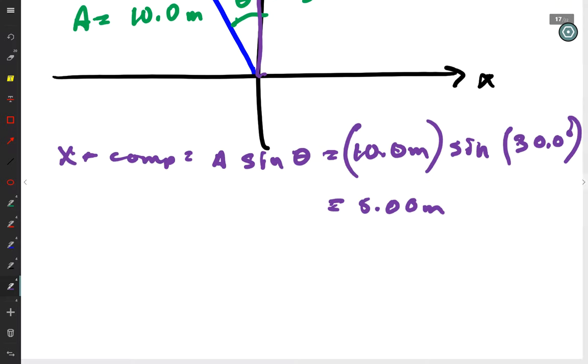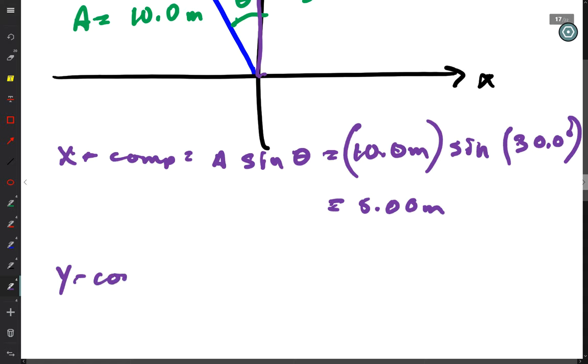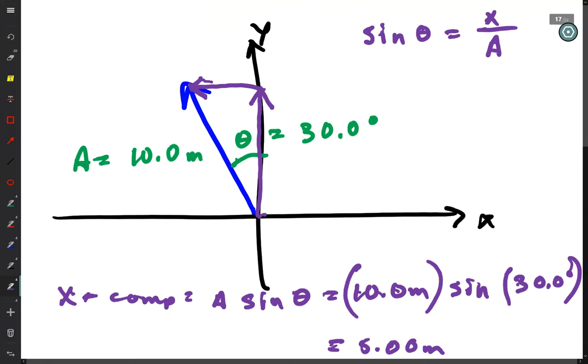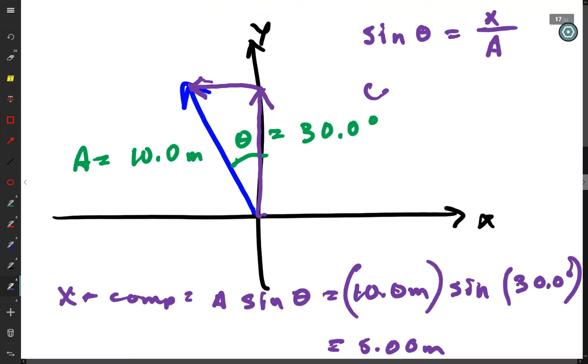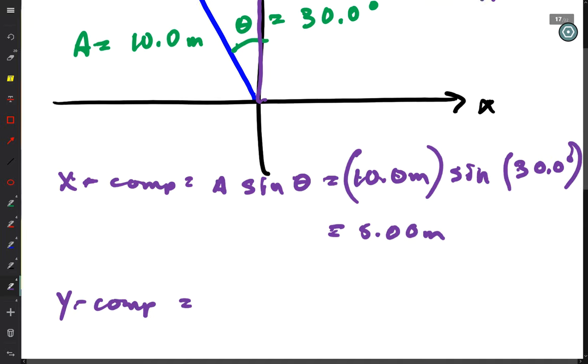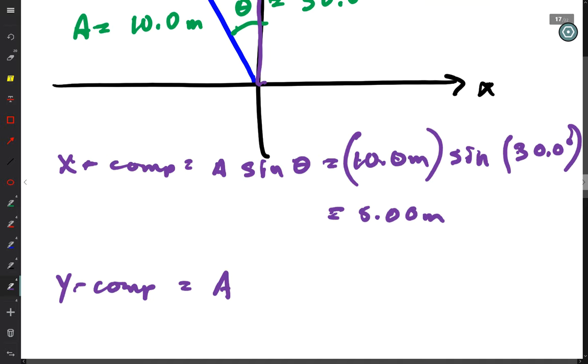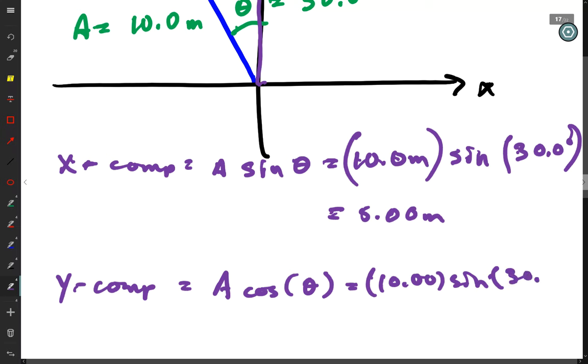For the y component, the y component obviously can't be opposite. It must be adjacent. So I'm going to have cosine of theta relates the adjacent to the hypotenuse. Solve that for y, and it's the hypotenuse times cosine of theta. That's a cosine right there.